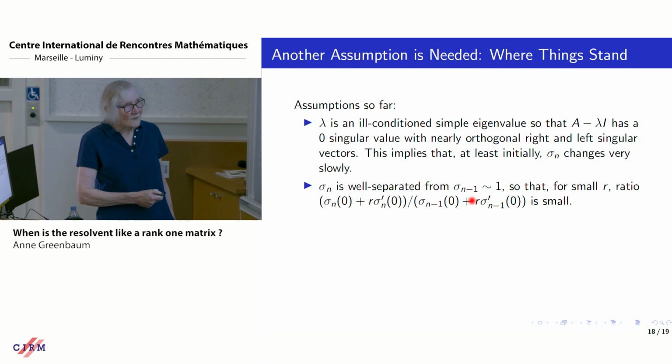We've assumed that sigma n minus 1 is not tiny, otherwise those could cross when they start changing. So that for small r, this ratio remains small.